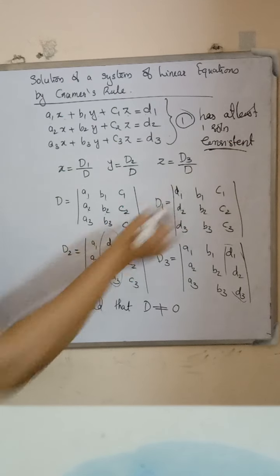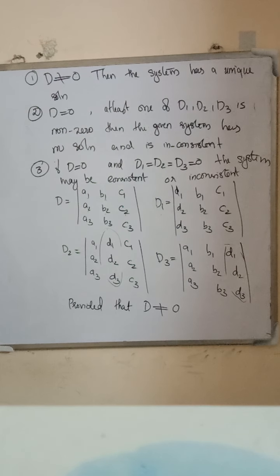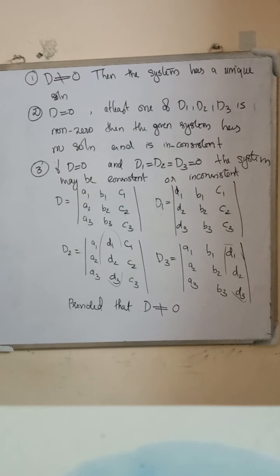That is, if a system is consistent, then it has at least one solution. Otherwise, it is inconsistent. If the determinant d is not equal to 0, then definitely the system has a unique solution.